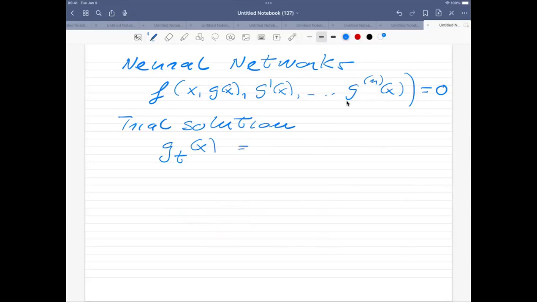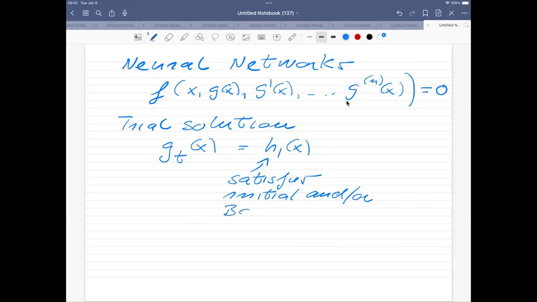And we are going to have 2 functions, one h1, which satisfies the boundary conditions or initial conditions, and or, if we now have a partial differential equation, we also need to think of boundary conditions.